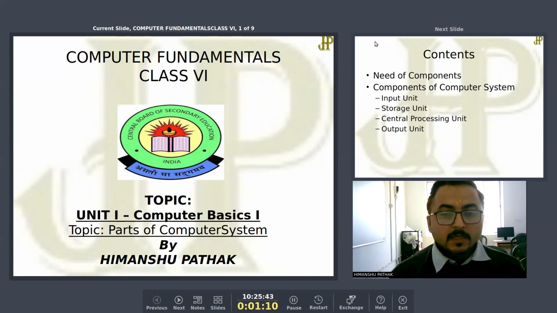In this class, we learn about the introduction to computer and the functionality of computer. Based on that functionality, we will discuss the basic parts of a computer system.